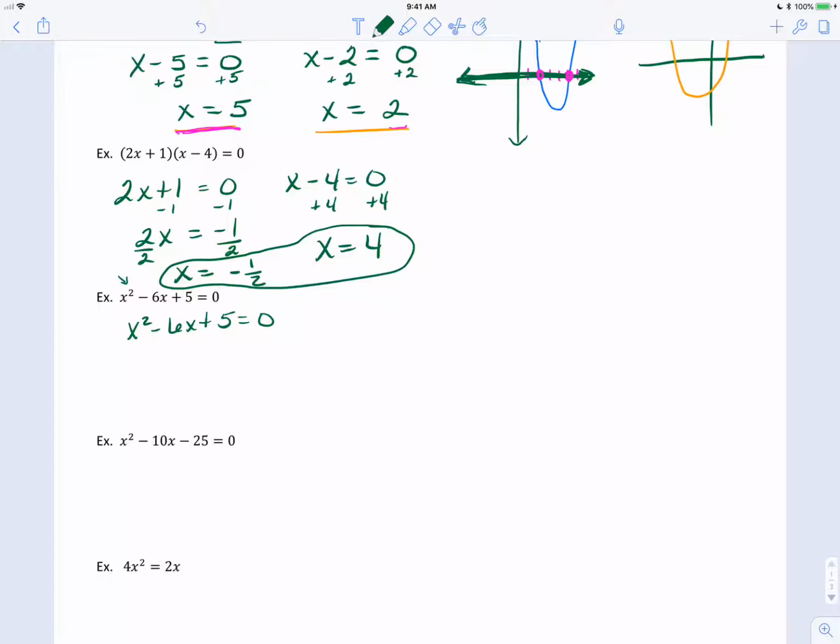We have 3 terms, so we can either use the big X method here, or we can go straight to the C term and come up with products of C that add up to the B term, because of the 1 in front of that x squared. There's no number in front. All right, so what times what is equal to positive 5 that adds up to negative 6?